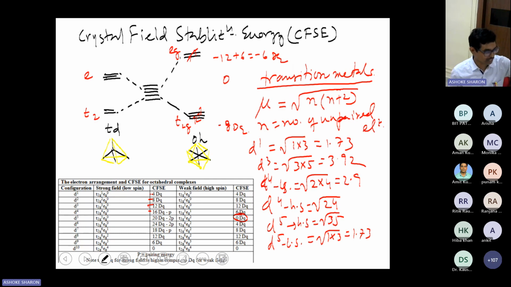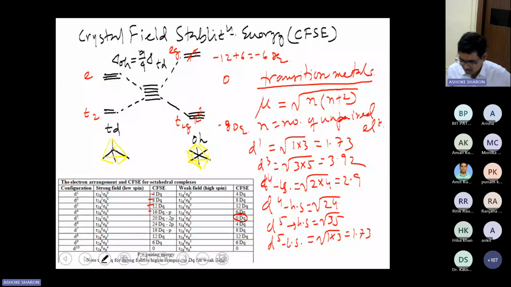On moving to which site it will have more crystal field stabilization energy, it will go there. Here you also see the octahedral splitting, or octahedral CFSE, is larger than the tetrahedral CFSE, given by the relation delta OH is equal to 9/4 of delta TD, that is more than double.